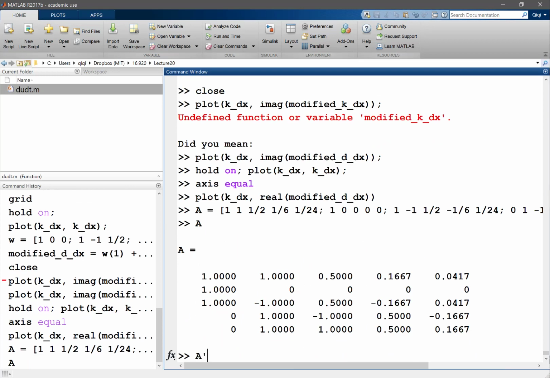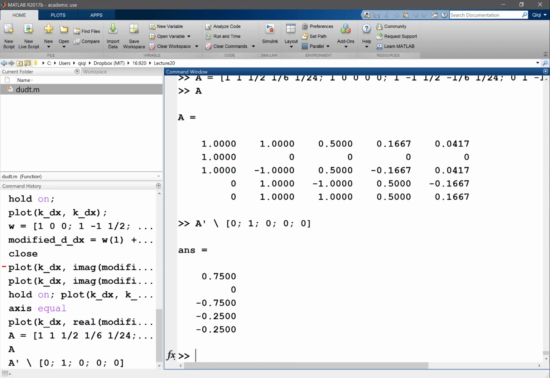And I want the transpose of the matrix A backslash 0 1 0 0 0. That's my coefficients.